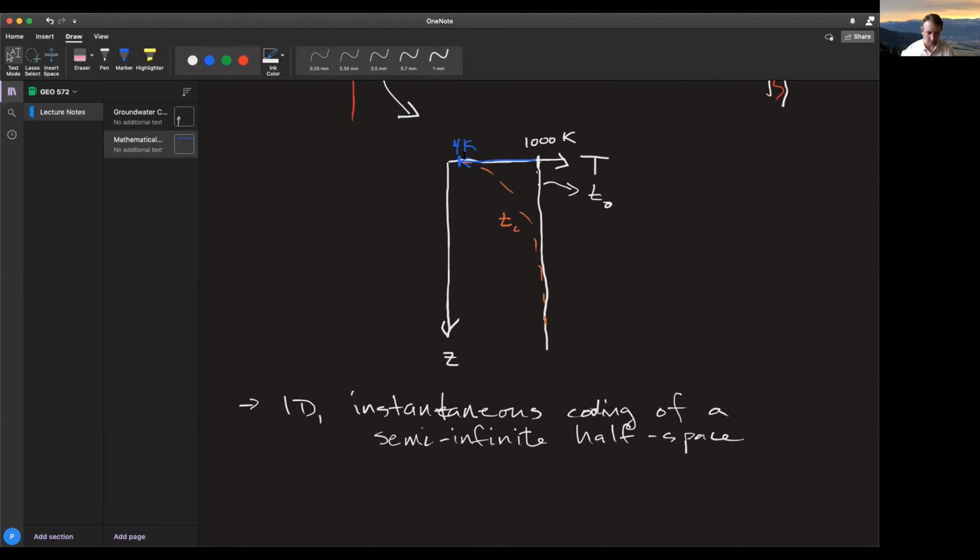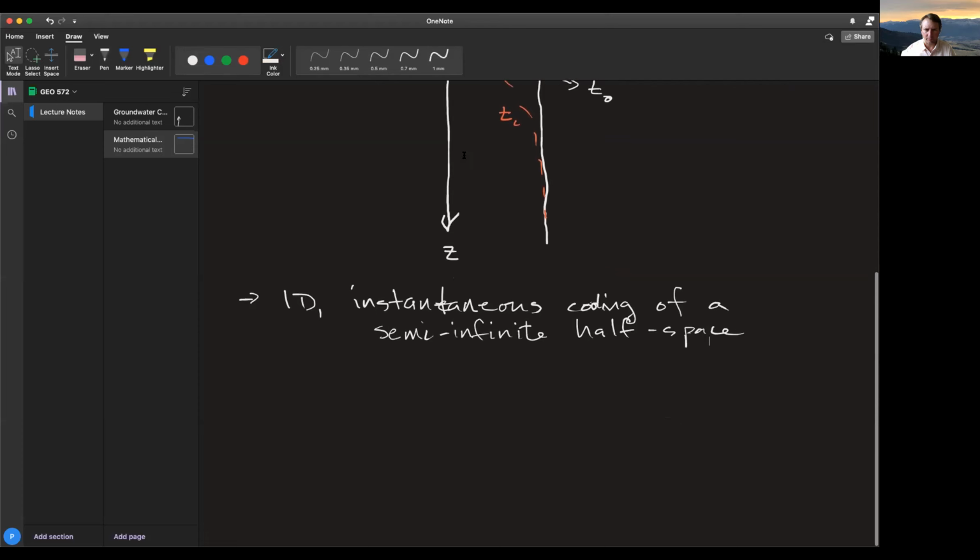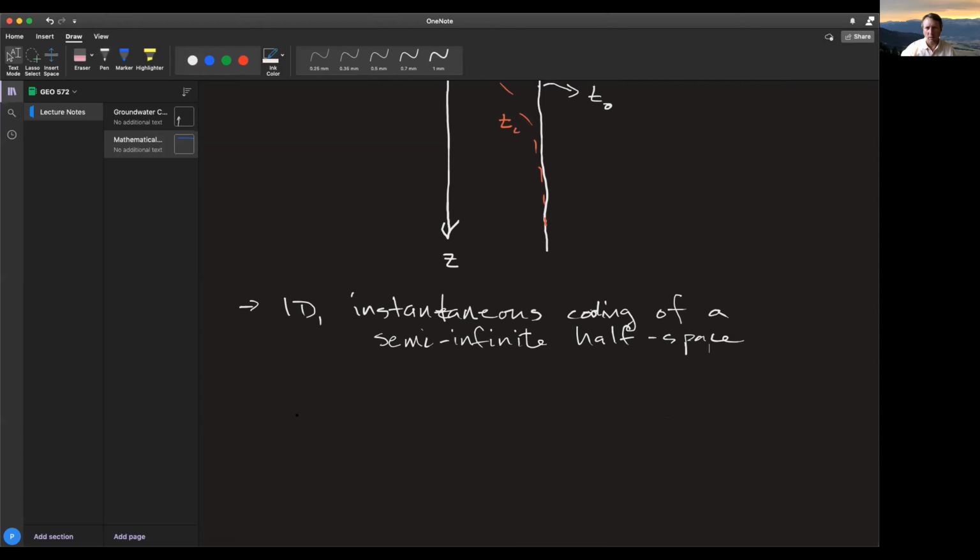So the start temperature is T naught, 1,000 Kelvin, at initial time T naught.